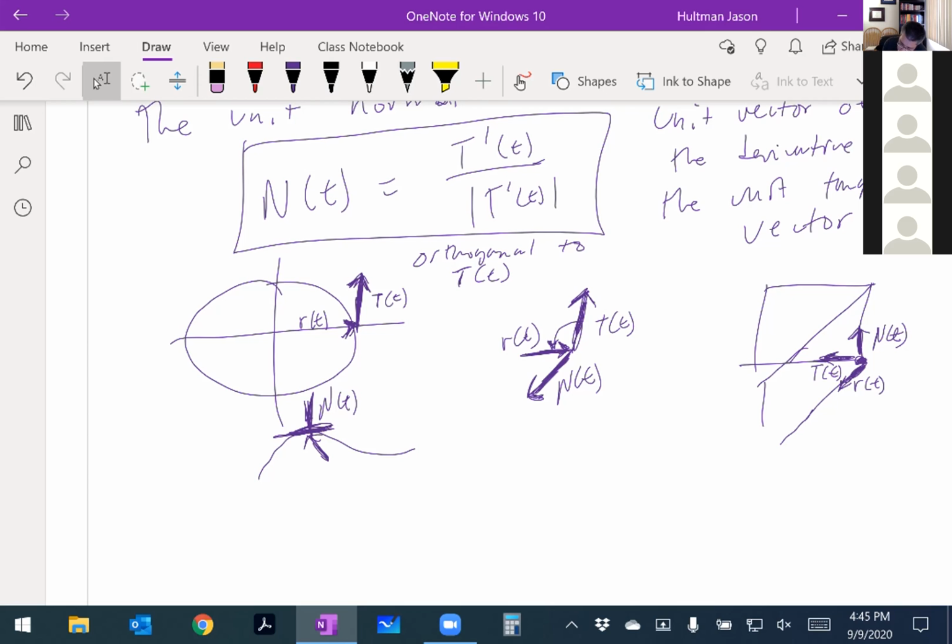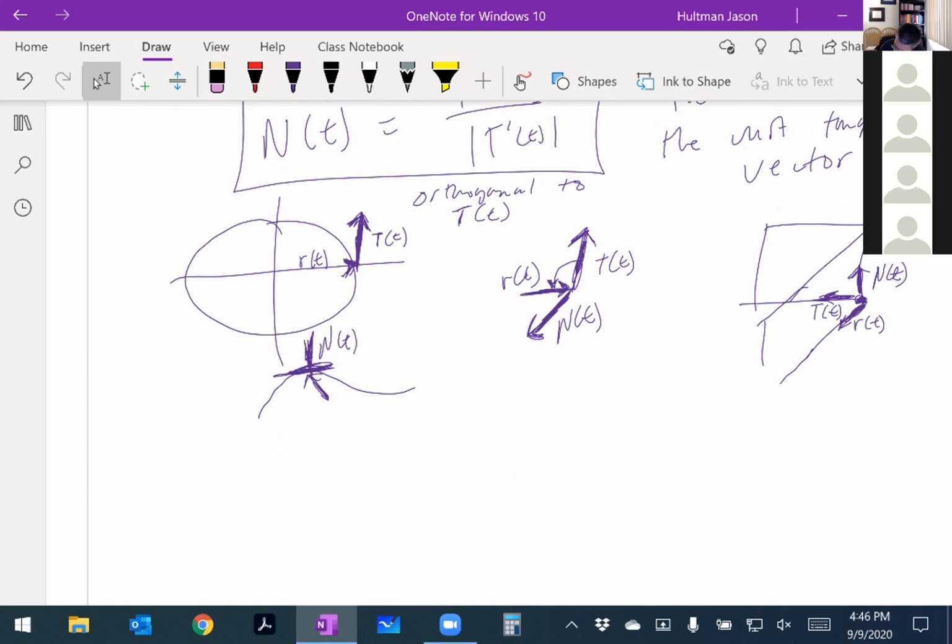We'll get into the analogy of this in a second. Think of r of t as my position, r prime of t as my velocity, and r double prime of t as my acceleration, right?